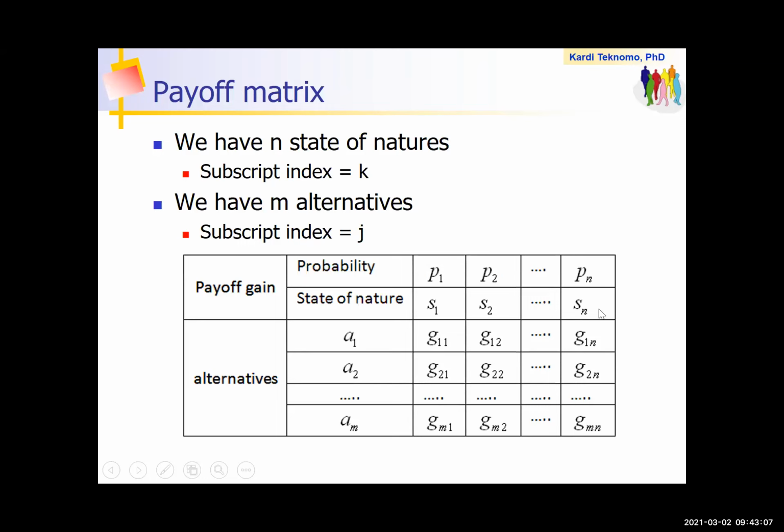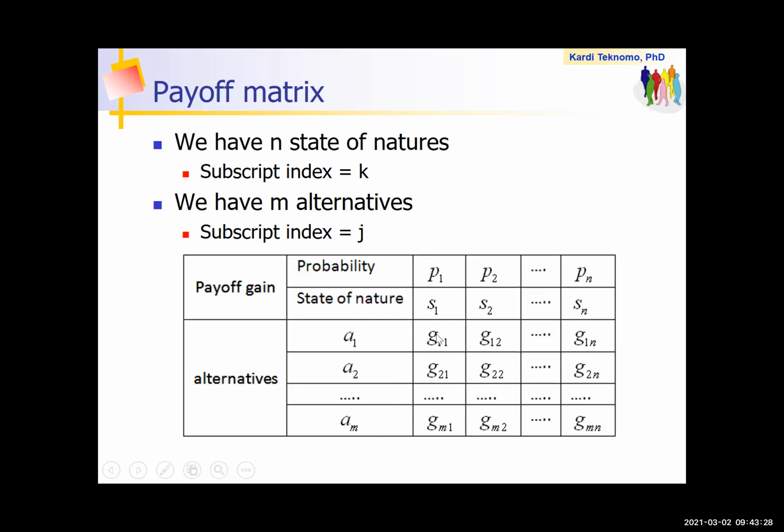If you use decision under risk, you have n states of nature. I call them S1, S2 until Sn. And then you have m alternatives: A1, A2 until Am. Suppose this is your gain.